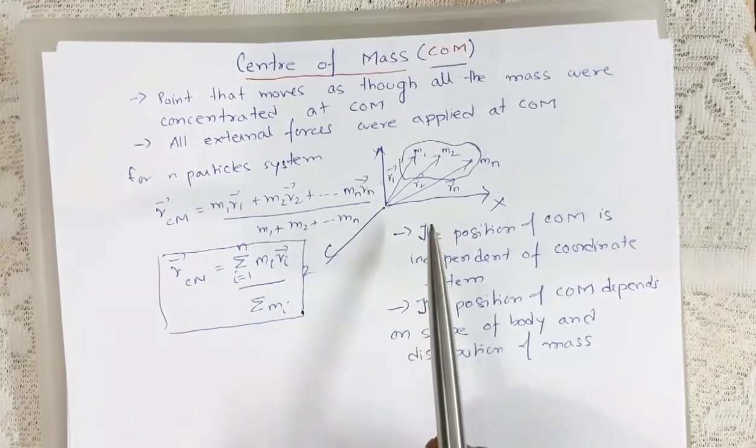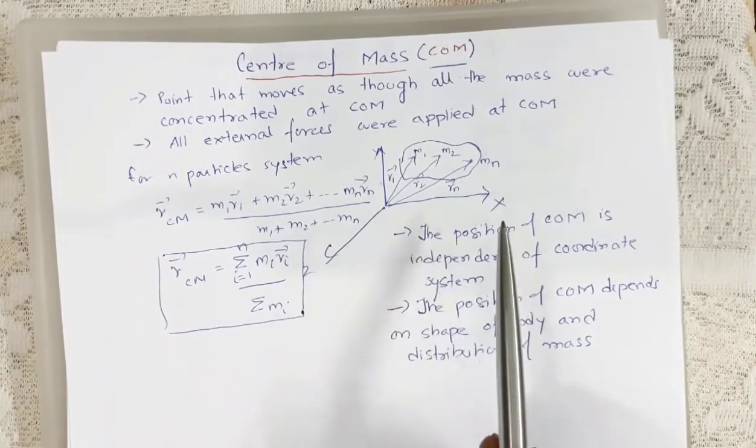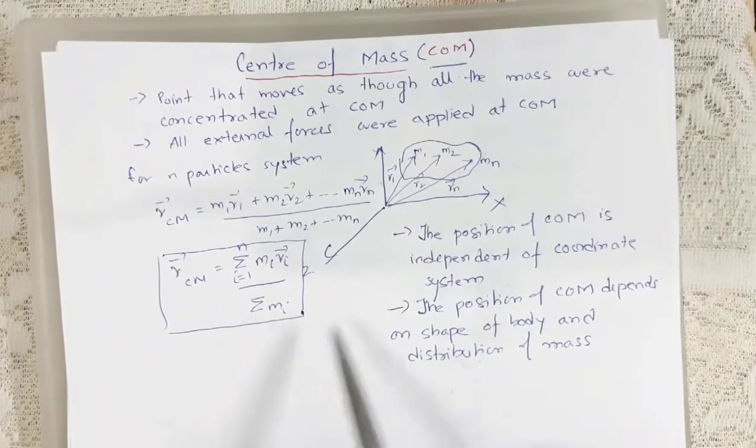Now in this n particle system, the distribution of mass can be discrete or it may be continuous.